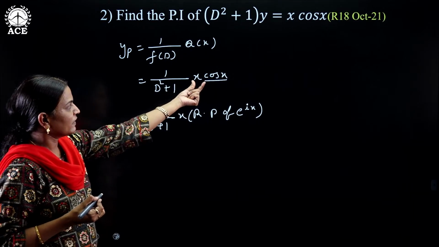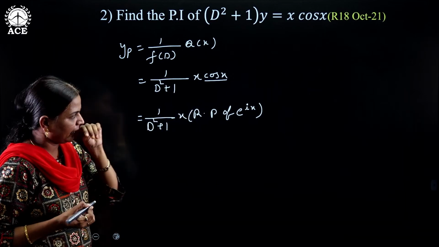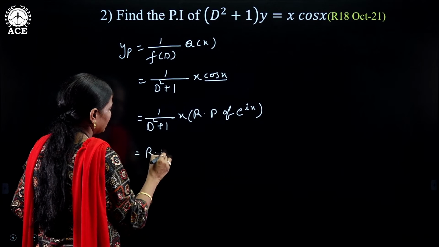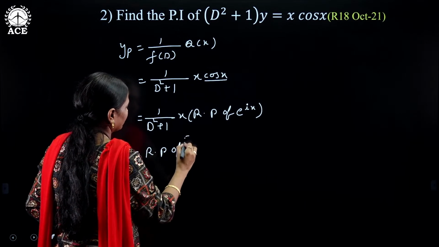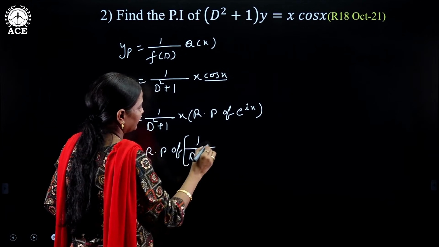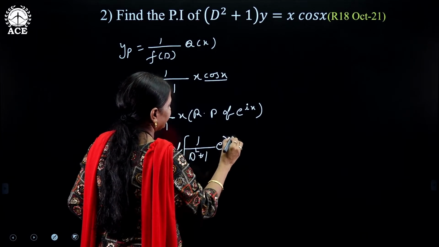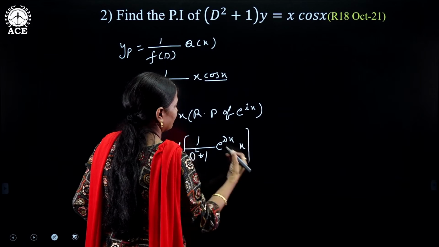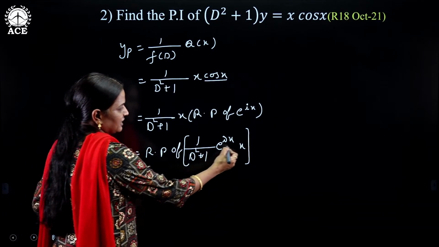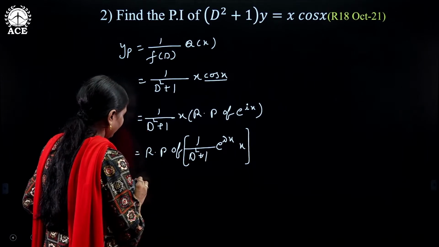So reduce this into the fourth method form, e power ax into V of x. That is equal to the real part of 1 by D squared plus 1 into e to the power ix into x. Now this is in the form of e power ax into V of x.